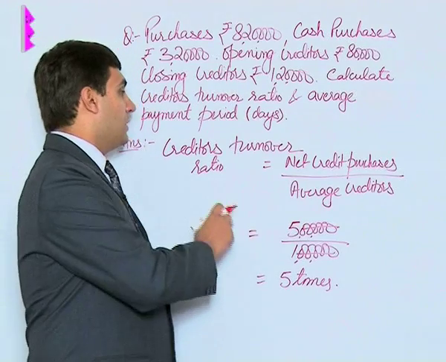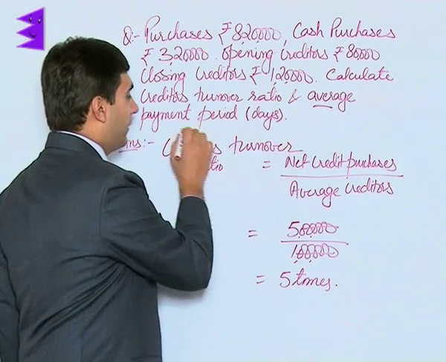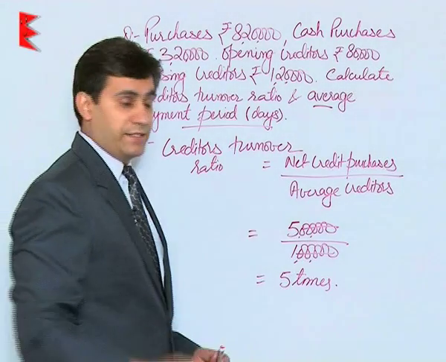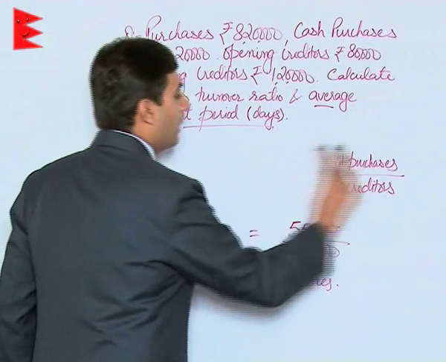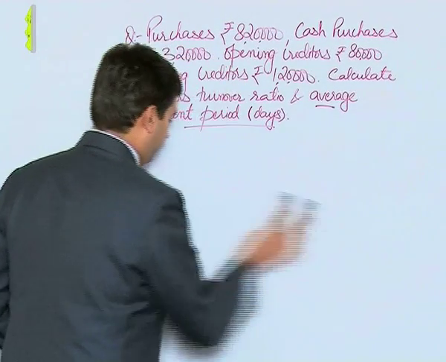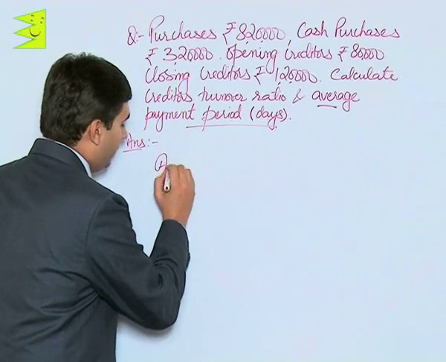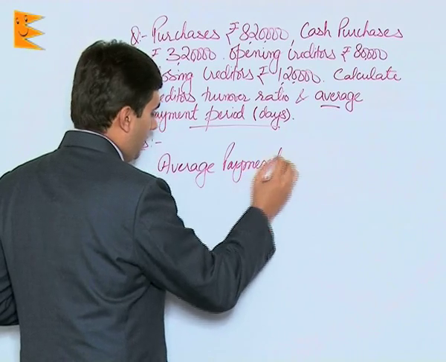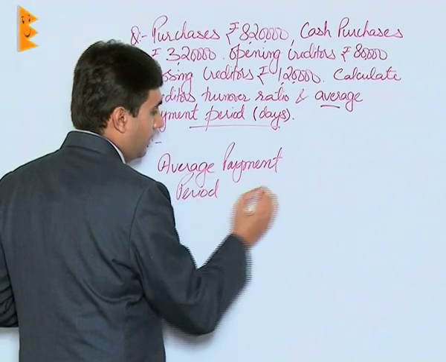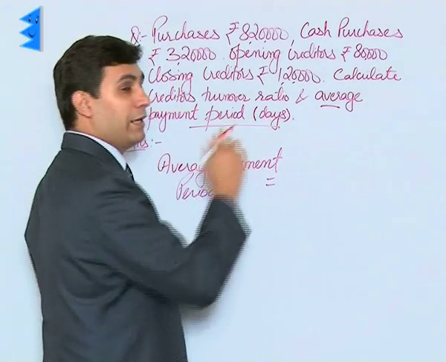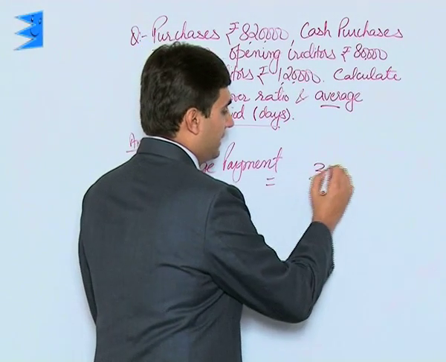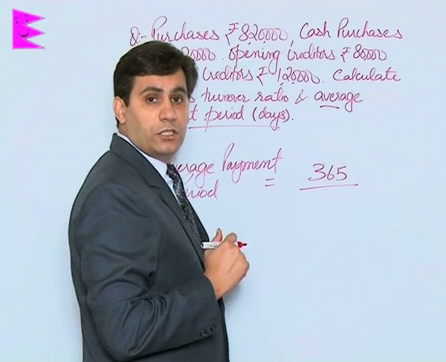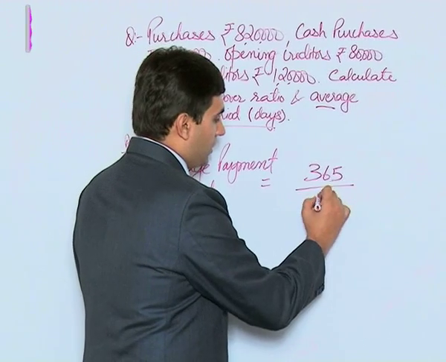Now, coming to the second part of this question, that is average payment period, and we are required to calculate this payment period in days. So now students, the formula for average payment period is equal to, since we are required to calculate in days, so we will write 365 in the numerator, that is the number of days in a year, divided by creditors turnover ratio, which was 5.